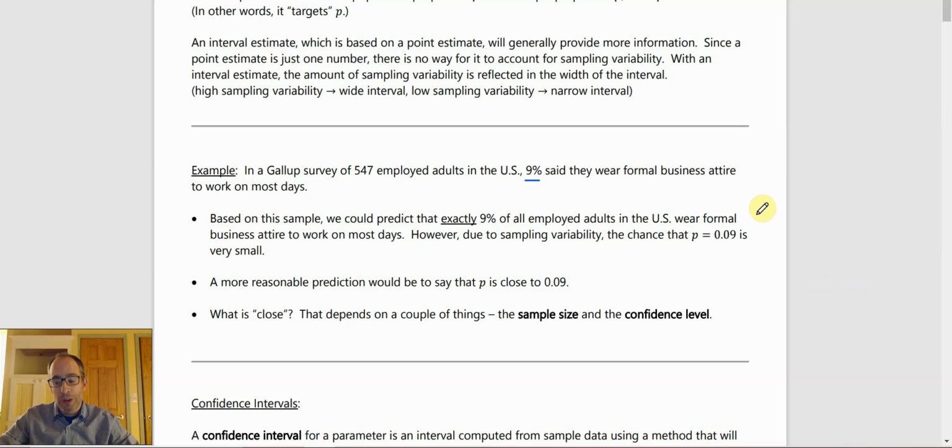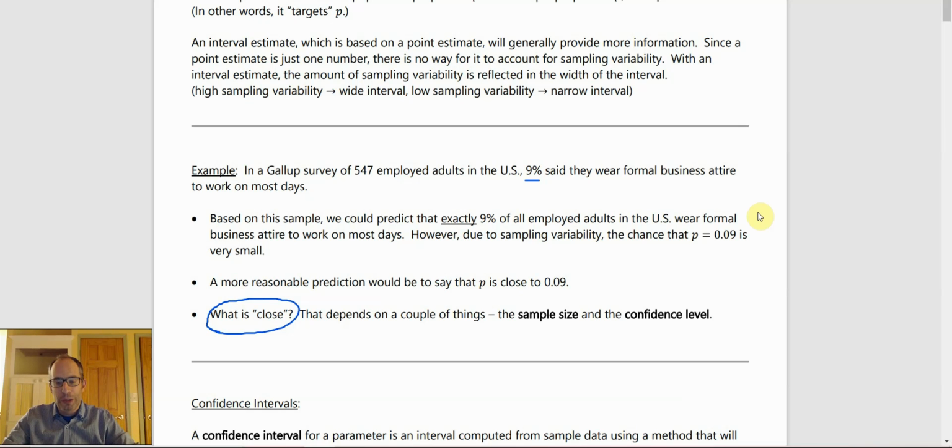But thinking, well, it's probably going to be close to that, that seems reasonable. But then here's the big question. What is close? We got a point estimate of 9, so we're thinking it's probably between 7 and 11? Or are we thinking it's probably between 5 and 13? Something like that, right? What does close actually signify?